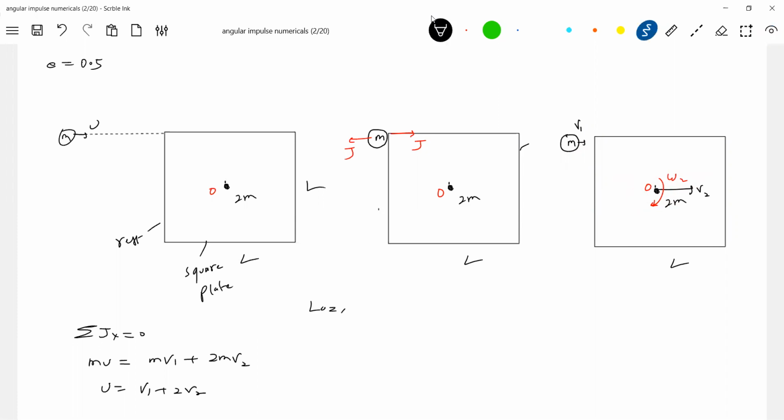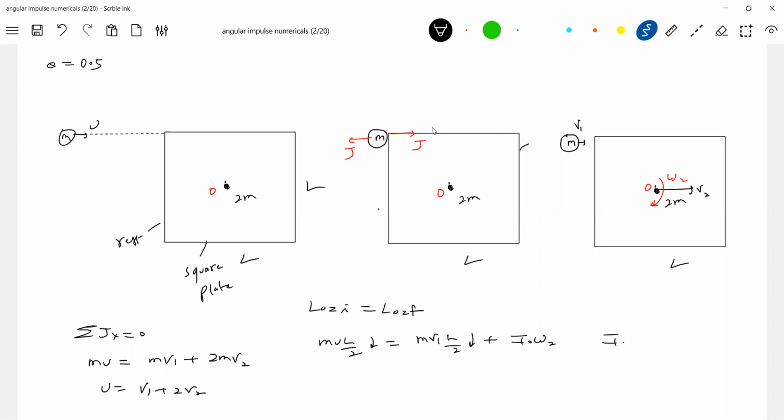So L_O initial equals mu L by 2, the initial angular momentum. I'll also put the directions, you see. Then mv1 L by 2 for the particle. Finally I_O omega 2. What is I_O? The moment of inertia of the plate.